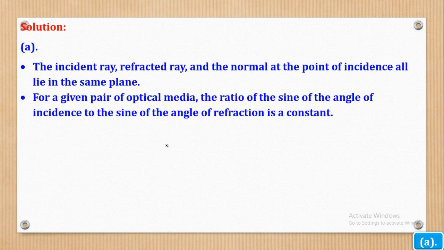Then two, we shall say that for a given pair of optical media, the ratio of sine of the angle of incidence to sine of the angle of refraction is a constant. So that's how the marks would be awarded for that part.